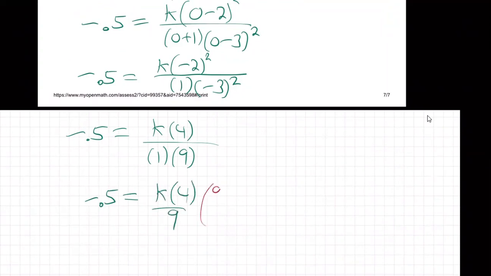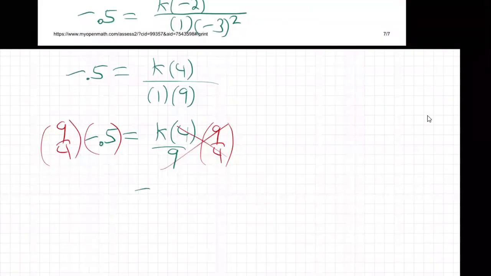How do you solve for k? You multiply by the reciprocal, the upside down, 9 over 4, cross cancel, and k equals, just use your calculator now, take 9 divided by 4 times negative 0.5.